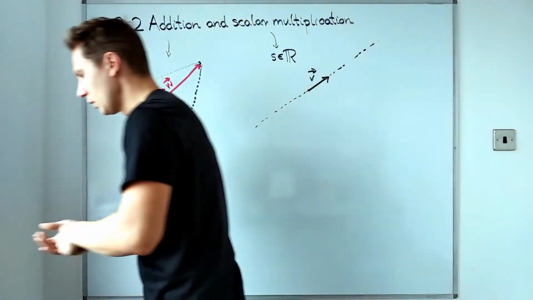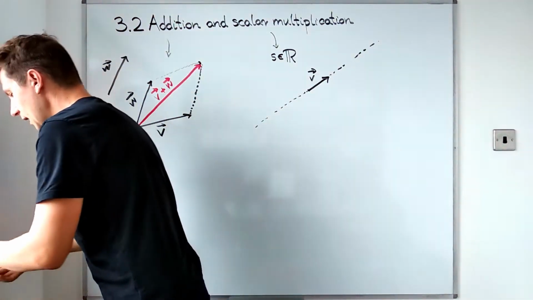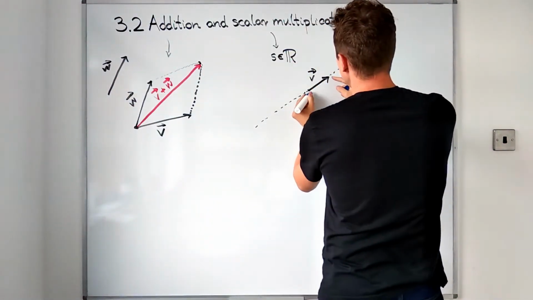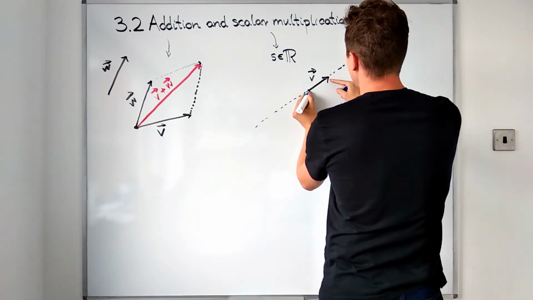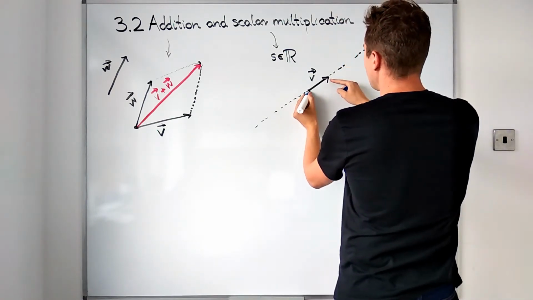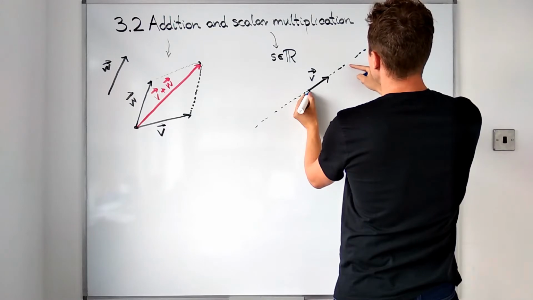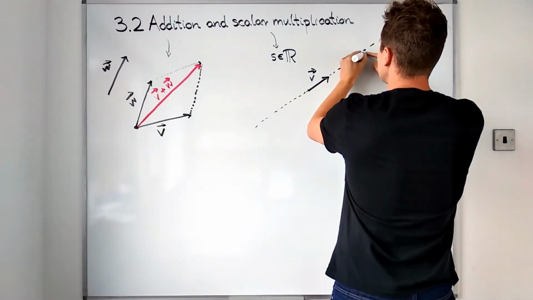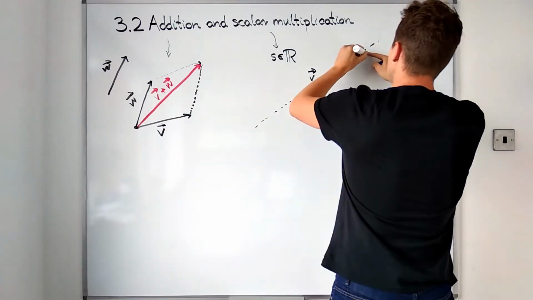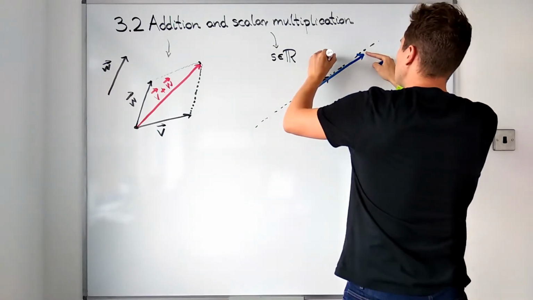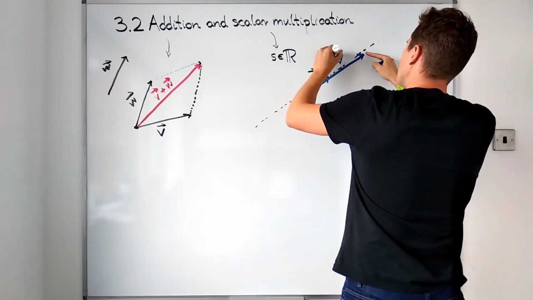Let me give you examples. If I multiply this vector by 3, it would stretch the vector to be 3 times as long. It would point in the same direction, but be 3 times as long.